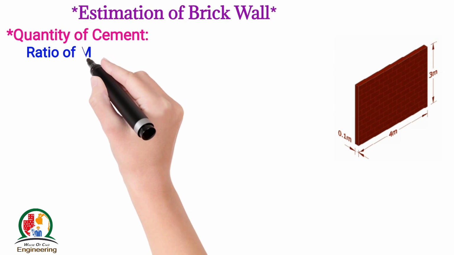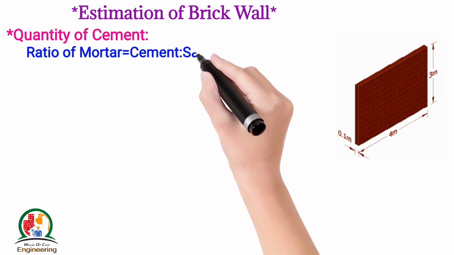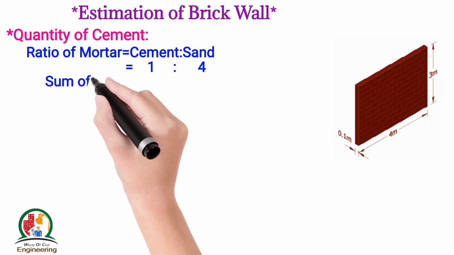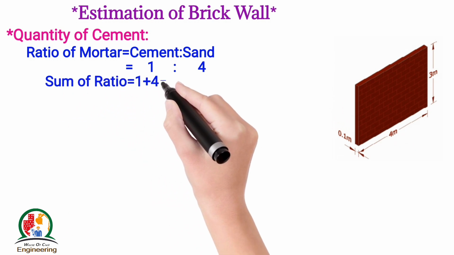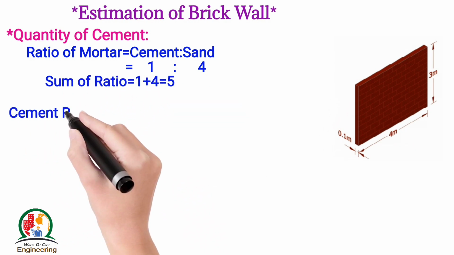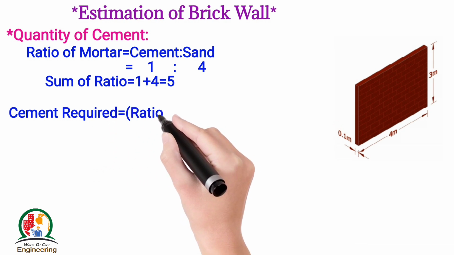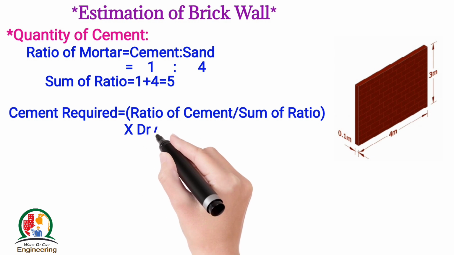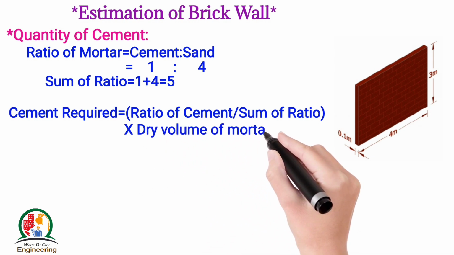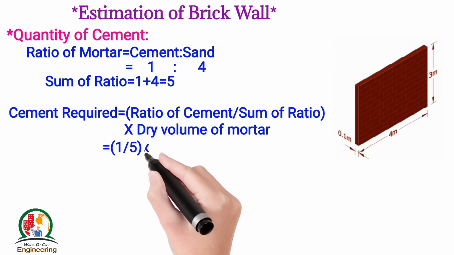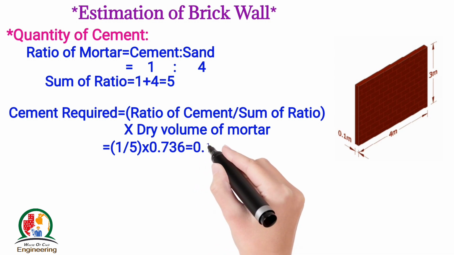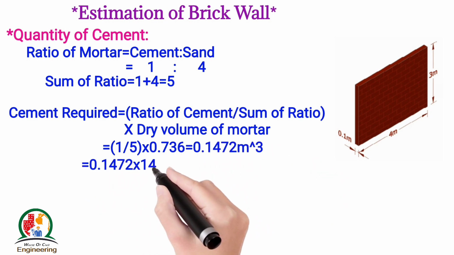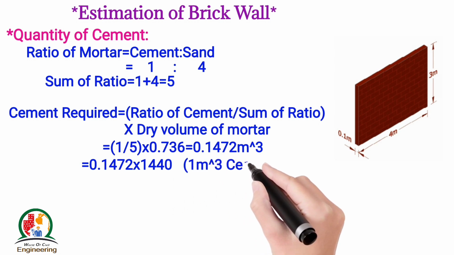Now we are going to calculate the quantity of cement. Let the ratio of mortar, cement is to sand, equal to 1 is to 4. Sum of ratio equal to 1 plus 4 equal to 5. Cement required equal to ratio of cement divided by sum of ratio into dry volume of mortar, equal to 1 divided by 5 into 0.736, equal to 0.1472 meter cube.